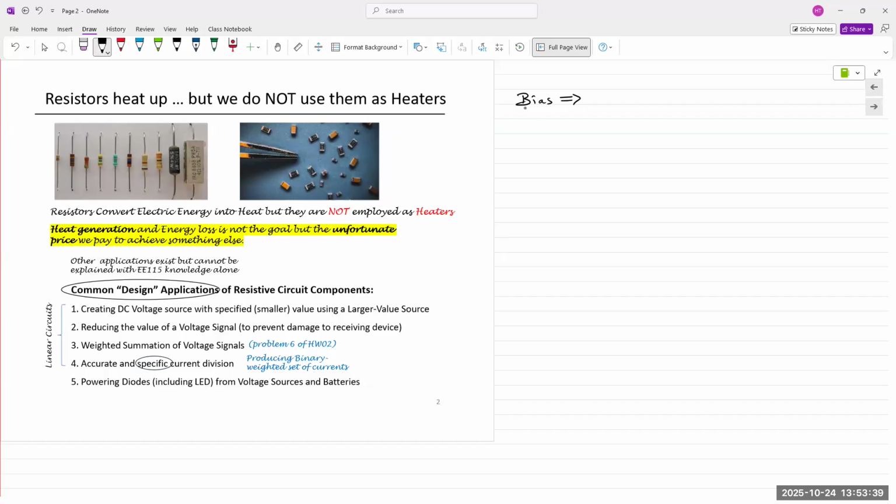Absolutely undesirable. Our devices get hot: tablets, cell phones, laptops, desktops, everything gets hot because it's a byproduct. A lot of the electrical energy is lost as heat.